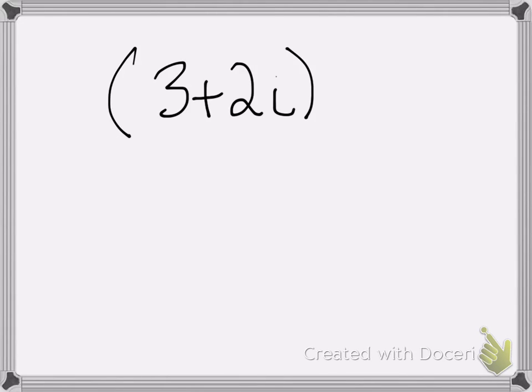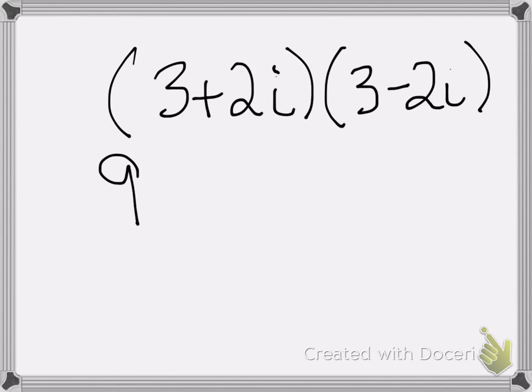Okay, now then we're going to do one that is a special product pattern. Again, we know this from Algebra 2, so it shouldn't be too hard. 3 plus 2i, 3 minus 2i. That's a plus b, a minus b. So remember, we square the first, we square the second one, and we put a minus in between. Okay, and hopefully you see that there's an i squared there, so you're going to replace that with a negative 1.